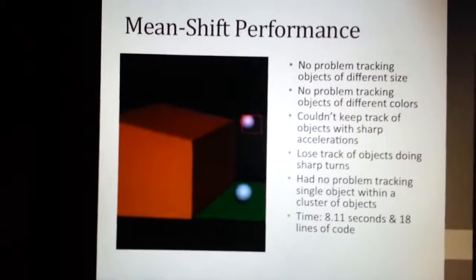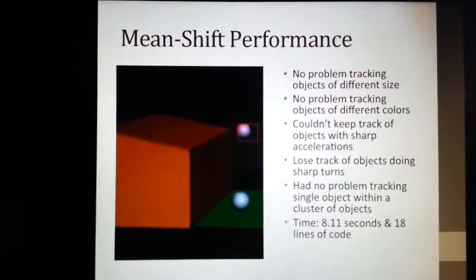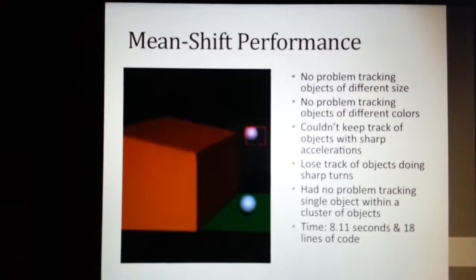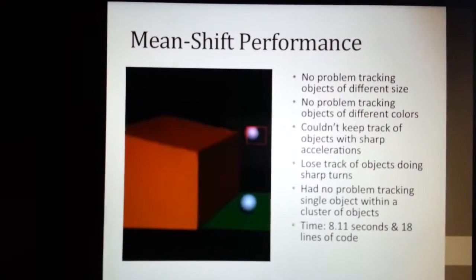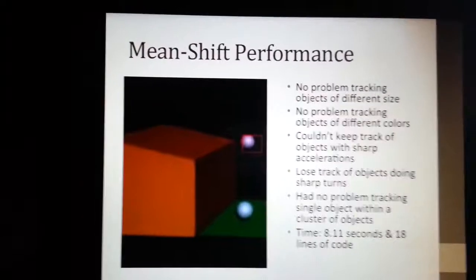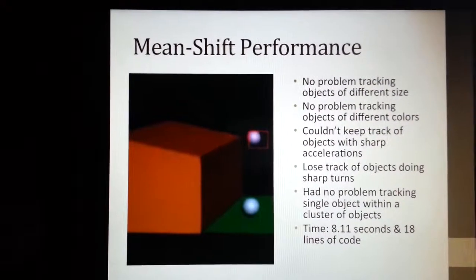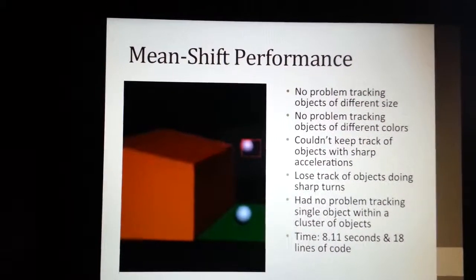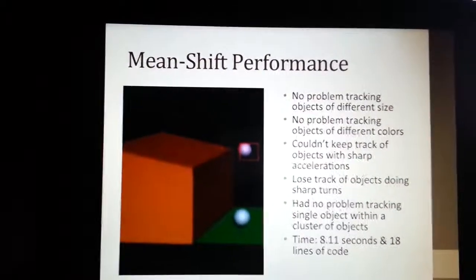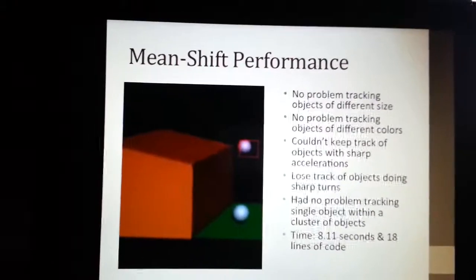Also, with multiple objects to track, this method was able to track only a single object that we specified out of amongst a few objects that were moving. And you can see that the time elapsed for this tracking method was 8.11 seconds and approximately 18 lines of code just for the processing of mean shift.